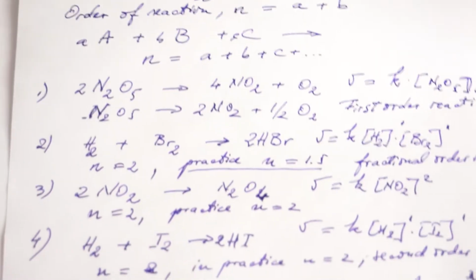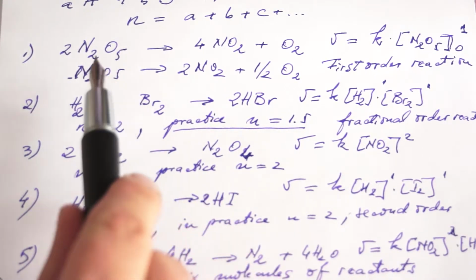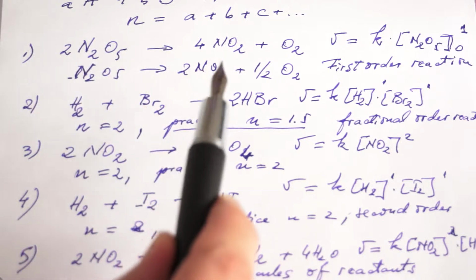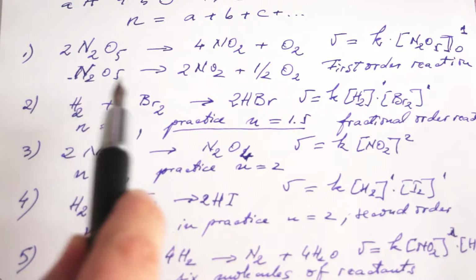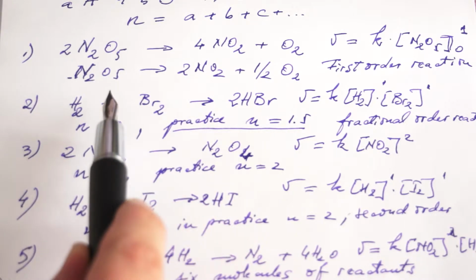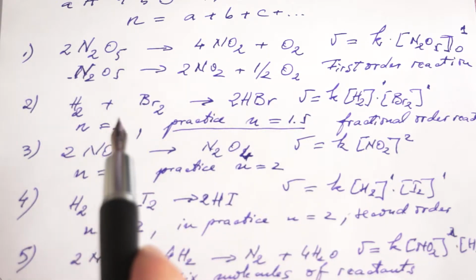I also gave an example of a first order reaction, the decomposition of nitrogen pentoxide. It's a first order reaction because we don't need a collision between two molecules for this to decompose. One molecule is sufficient, so we have a first order reaction.